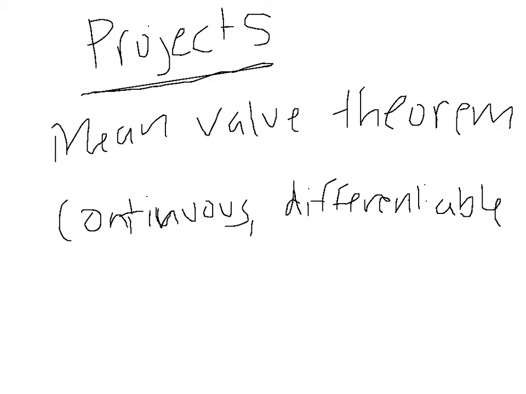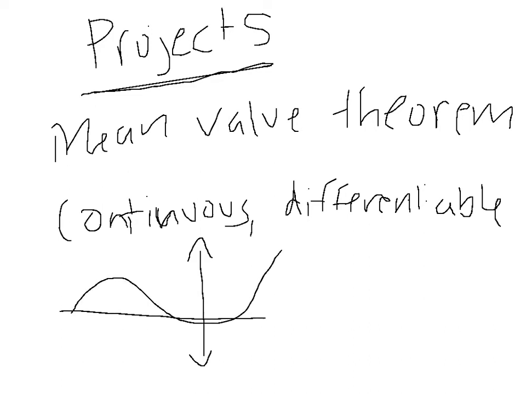that the instantaneous slope of some point C along the function will be equal to the mean slope of the function. So if you had a graph like this one, and your mean slope of the function over A to B here looks like that.